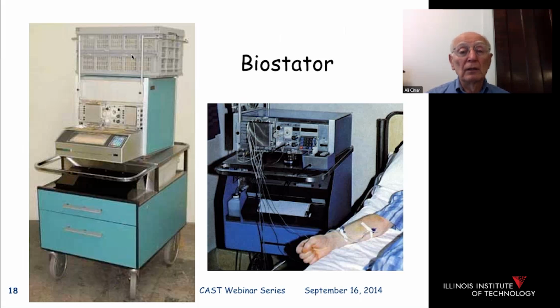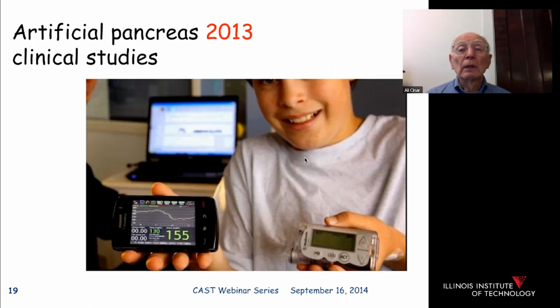So this is the equipment that was used, and if you look at the arm of the patient, you could gauge the size of the equipment at that time to achieve the system. Now, if we fast forward to 2013, here is the pump, and I will show you another pump in the next slide.